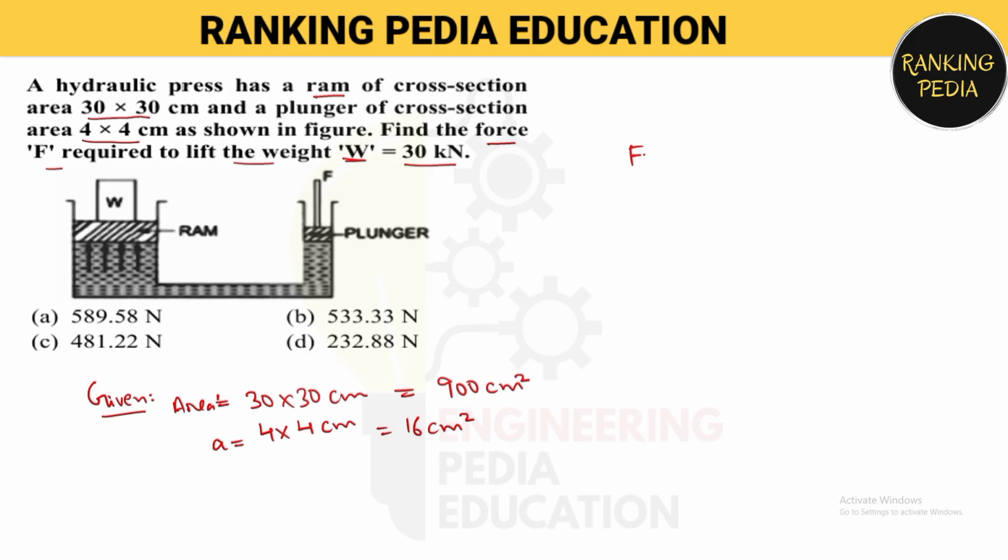We have to find the force. And the given quantity, the weight, denoted by W, is 30 kilonewton.